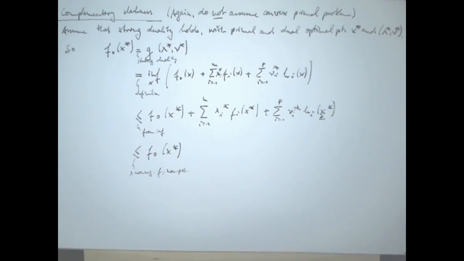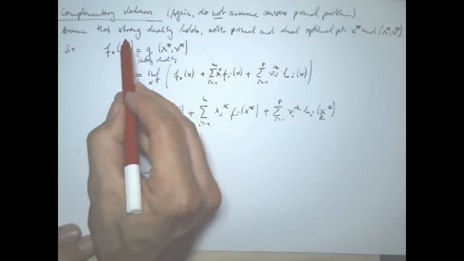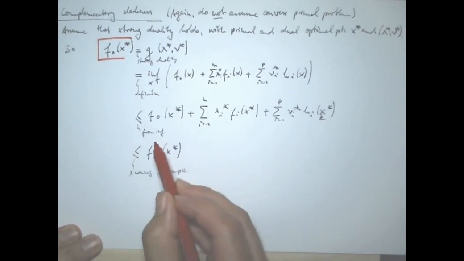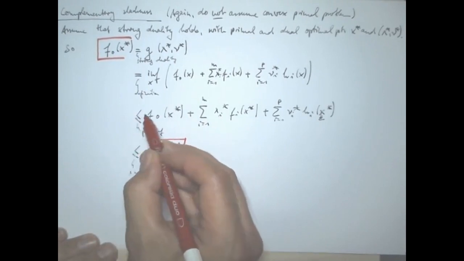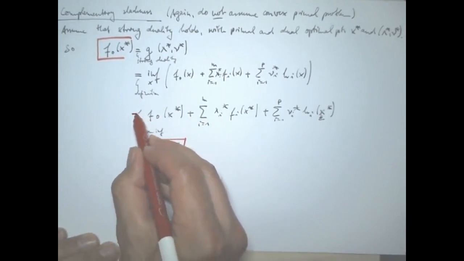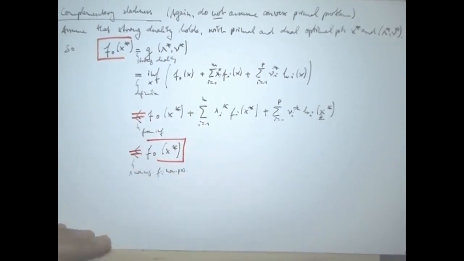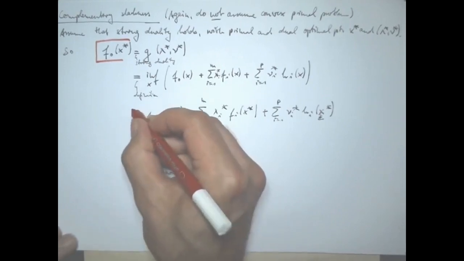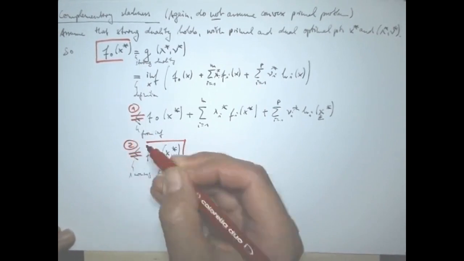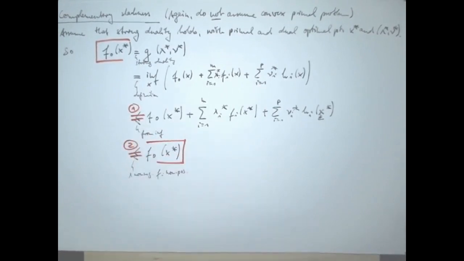And if you now look, we have f0 of x star at the very left and we have f0 of x star at the very right. And that means that these inequalities here actually are equalities. And from these equalities, we can deduce useful properties.